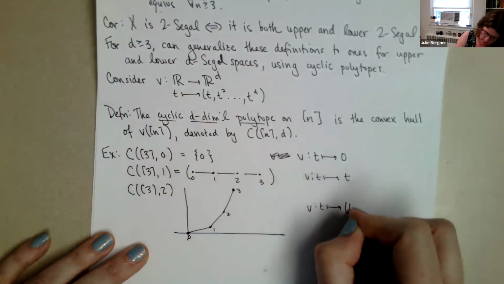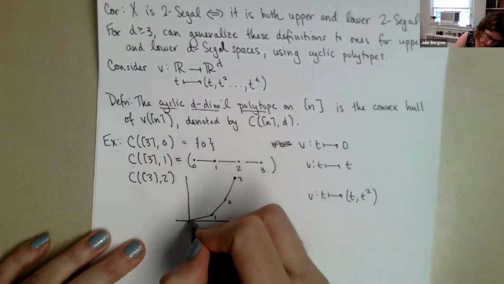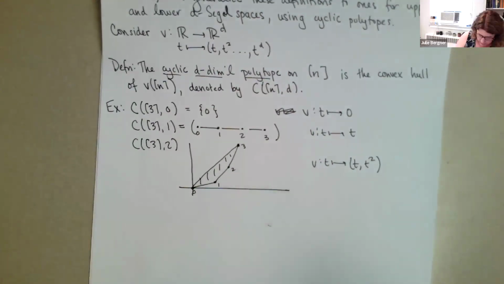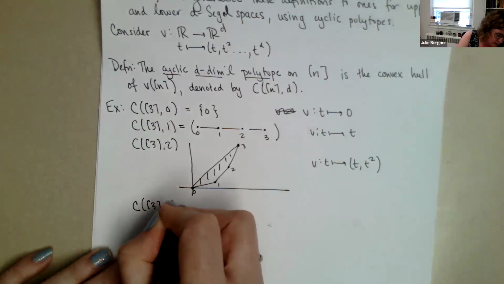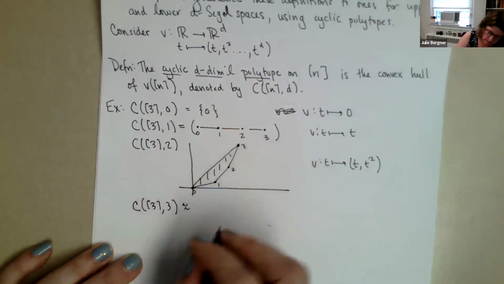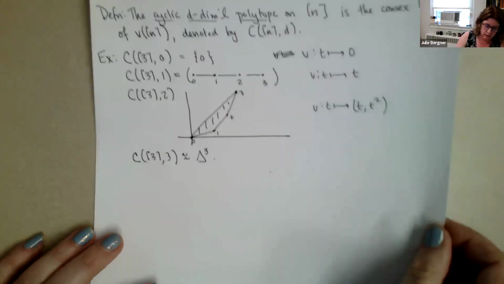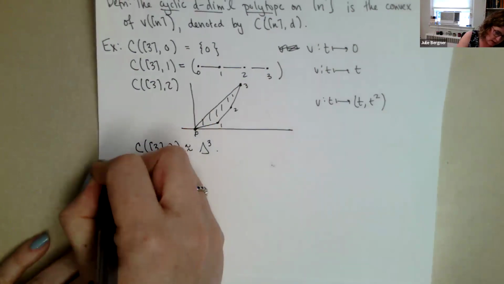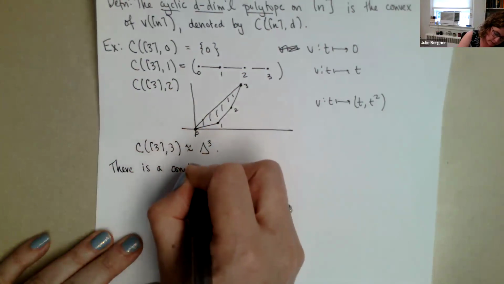So t is going to the ordered pair (t, t squared), and we get a polygon in this case. And then C(3, 3), you can check is, well, fancier coordinates, but it's homeomorphic to the standard topological 3-simplex.